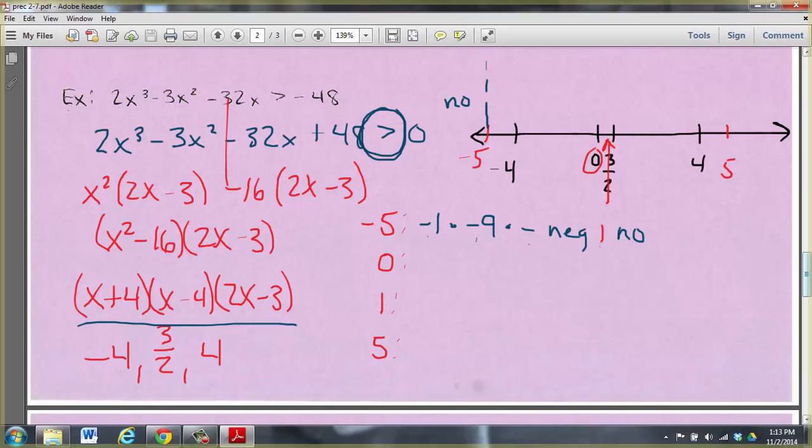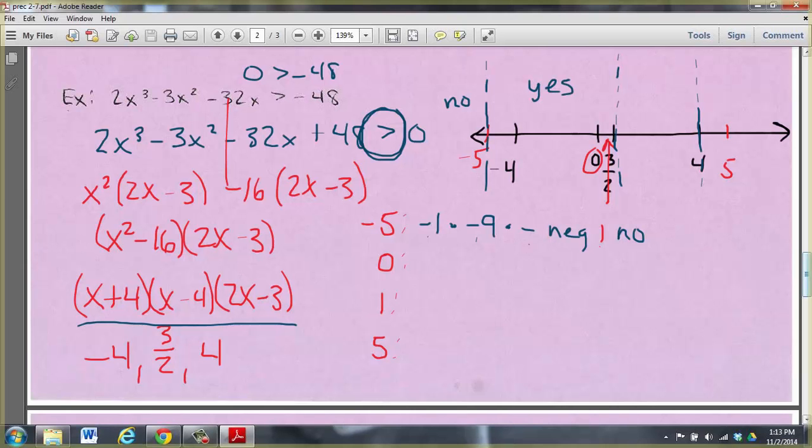Forgot to draw my lines. Ah, shoot. Okay. 0. When I plug 0 in, I end up with 0 is greater than -48. That is true.